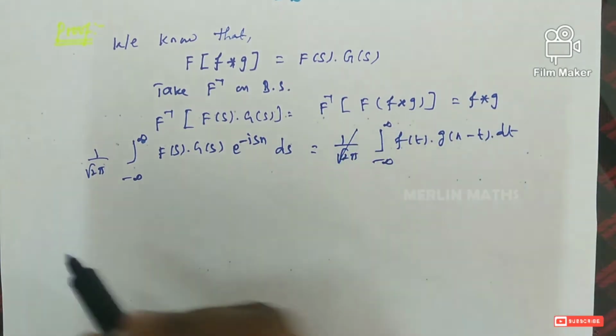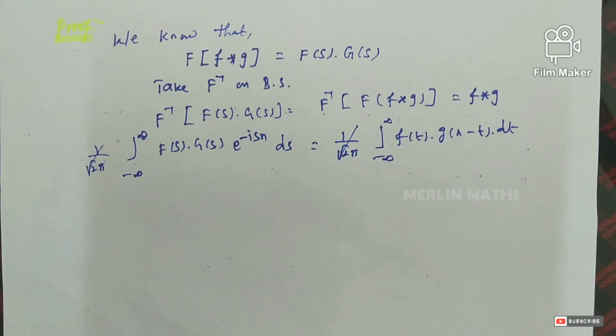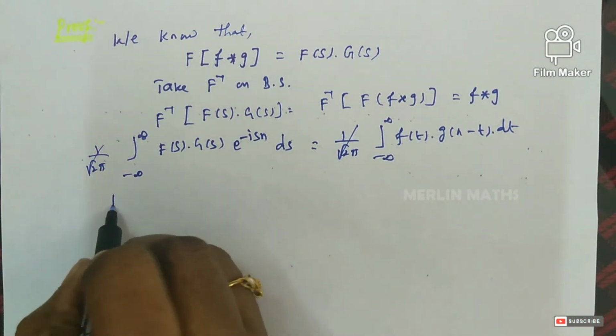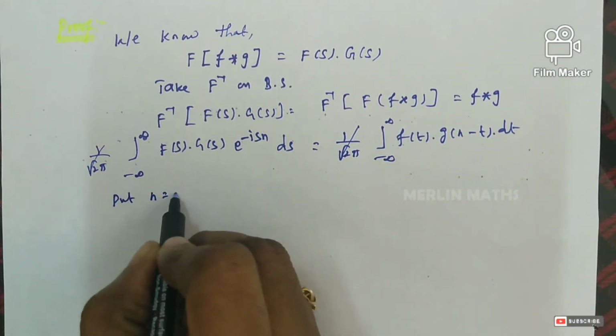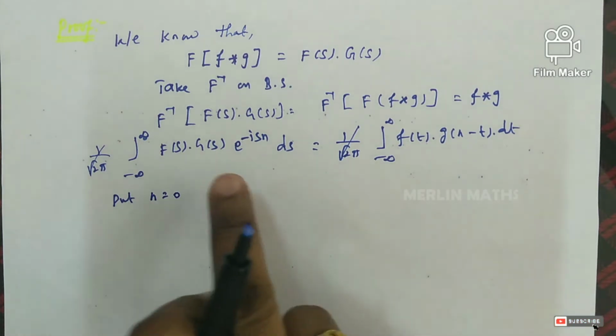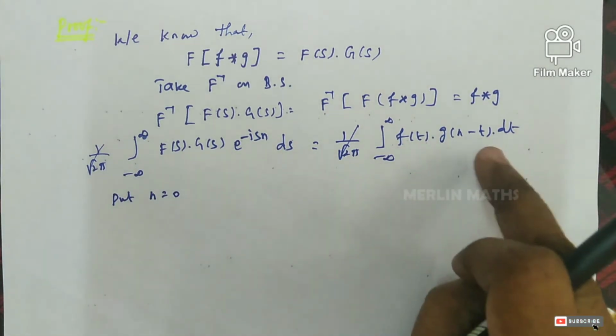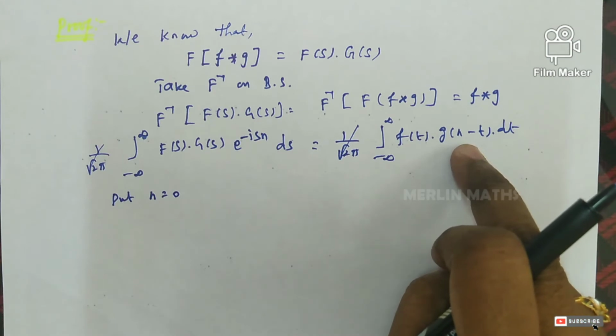Now we can cancel the 1 by root 2 pi on both sides, and we put x equal to 0 in the above equation. The exponential becomes 1 and g(x minus t) becomes g(minus t).